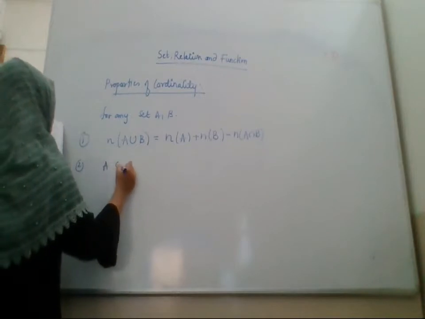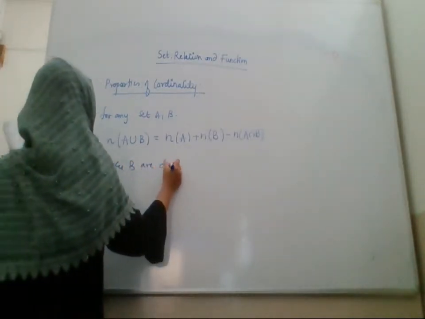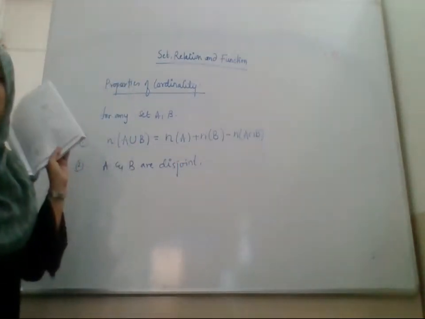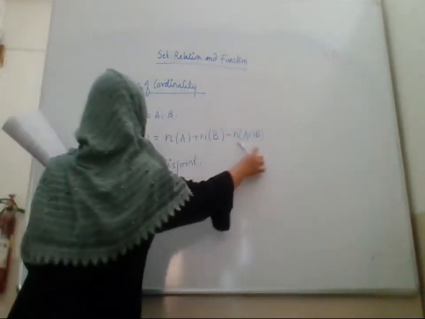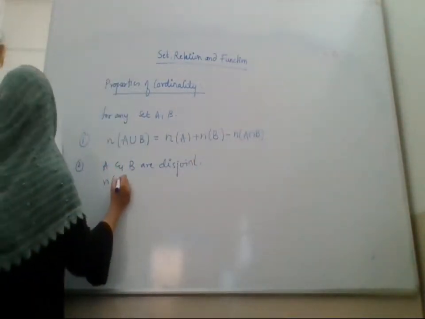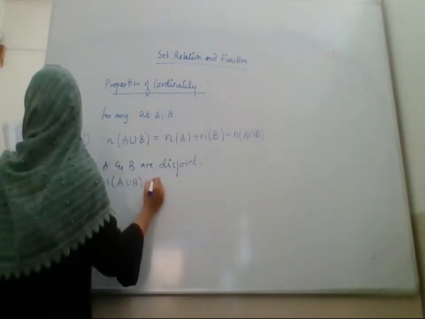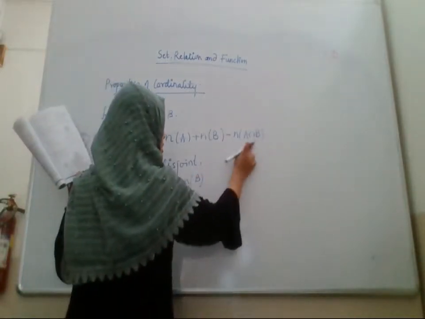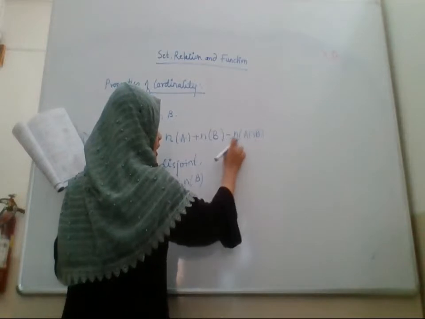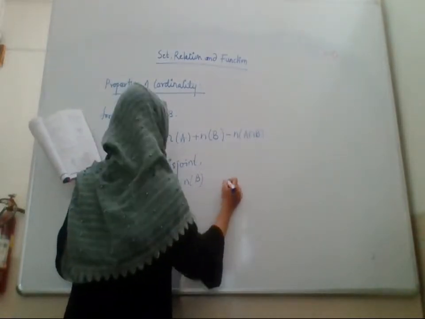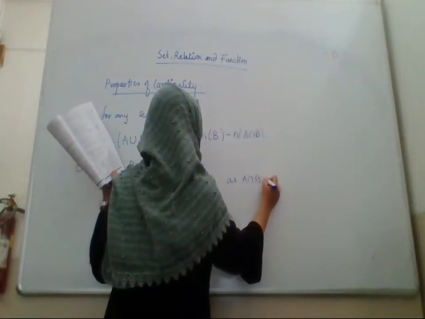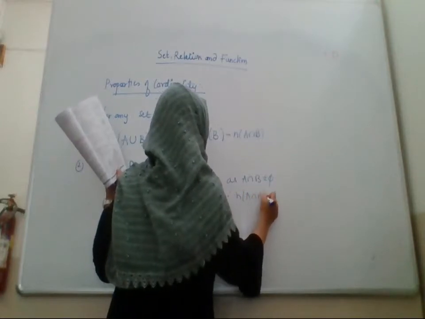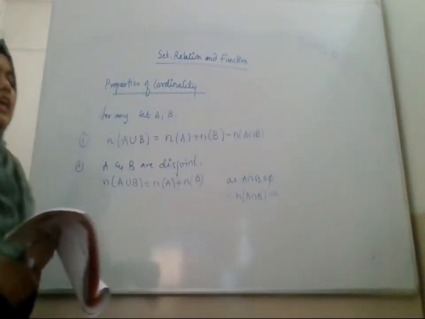Now the second one is, if A and B are disjoint, which means their intersection is empty, then this formula will become cardinality of A union B is equal to cardinality of A plus cardinality of B, because A intersection B is equal to the empty set, therefore cardinality of A intersection B will be 0 as it will not contain any elements.